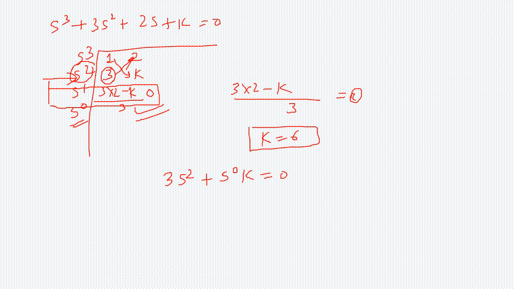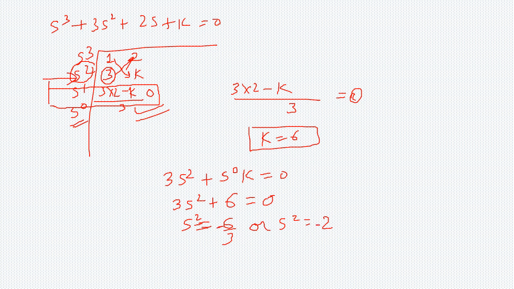So you get 3s squared plus s power 0 times k, which is a constant, equal to 0. From here you get s squared is equal to minus 6 by 3, or s squared is equal to minus 2.